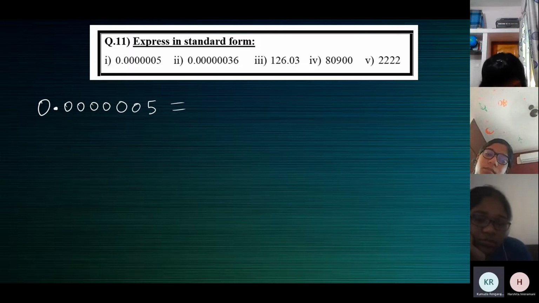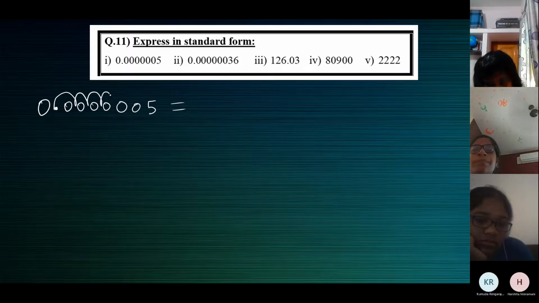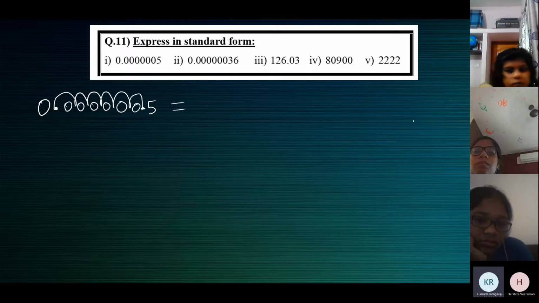Supposing you stop here, what is the value? It will be 0.5. It's less than 1.